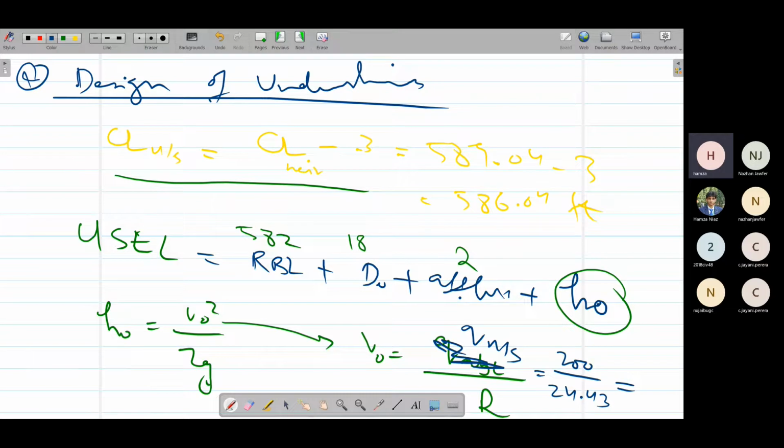So this way we can get this V naught value, that would be 8.2 FPS, feet per second. And using this V naught value, we can calculate this velocity head. So V naught square over 2g, simply this is 1.04 feet.